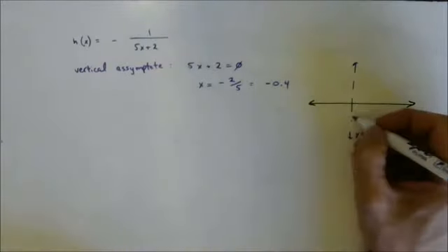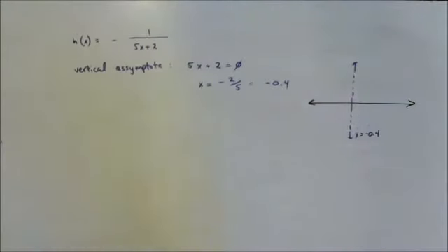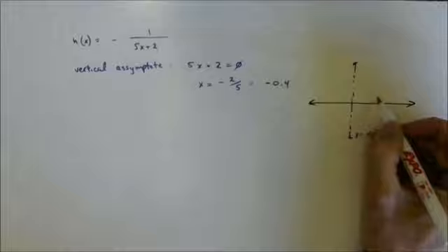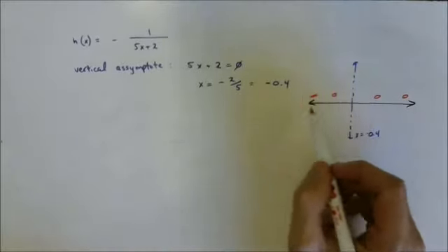Give it a dotted line so that it looks like it's an asymptote, not an actual line. It is a line, it's just not a graphed line. And what we want to do is pick a couple of points over here and a couple of points over here. And we'll see how the slope is changing.